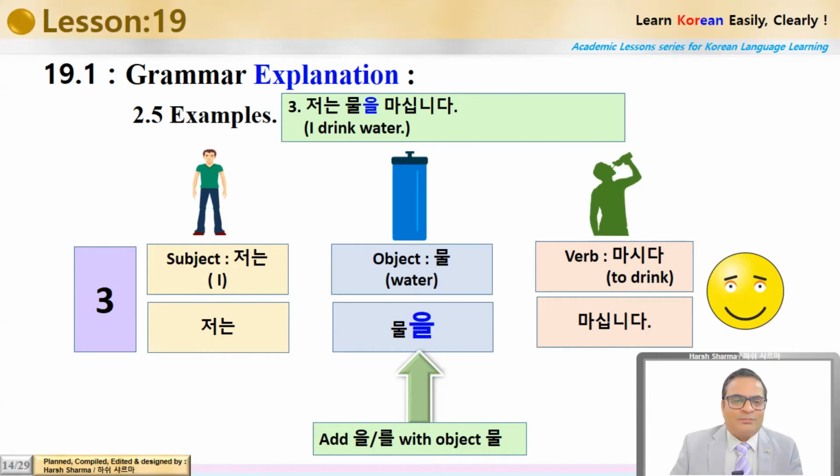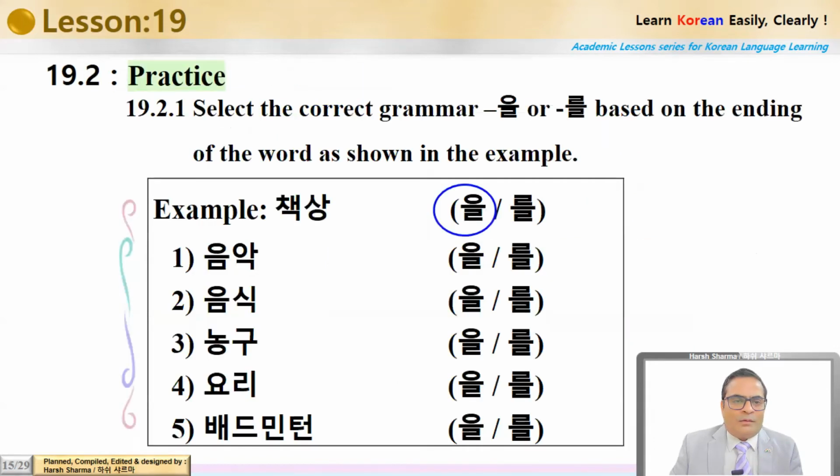Let's check some practice questions. There are 5 nouns on our screen. After checking the pachim in the final syllable, we have to select ul or rul. For example, chaeksang. Chaeksang is having pachim in the final syllable, so what will we add?